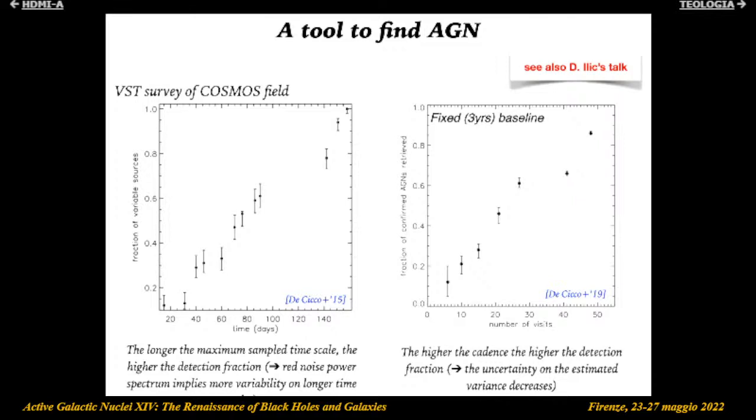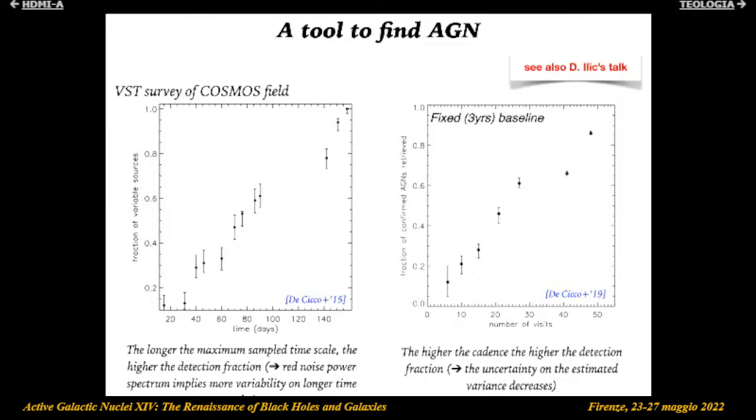Basically, the longer the length, the higher the fraction of variable sources. This is because of the red noise shape of the power spectrum that I commented on before, because these sources are more variable on longer time scales. It also depends on the cadence of our observation, because this reduces the errors on our measurements of the variance.